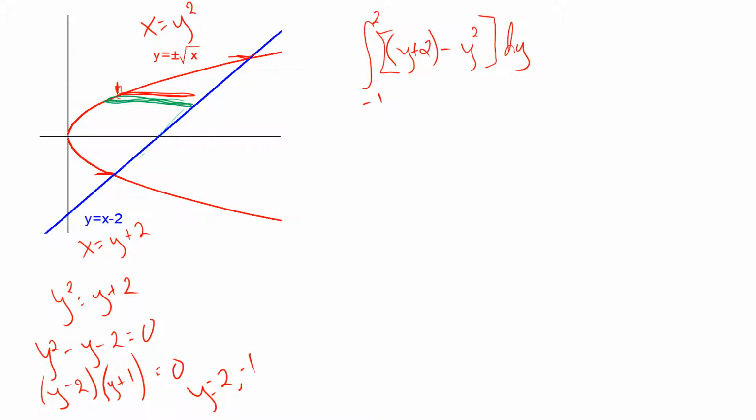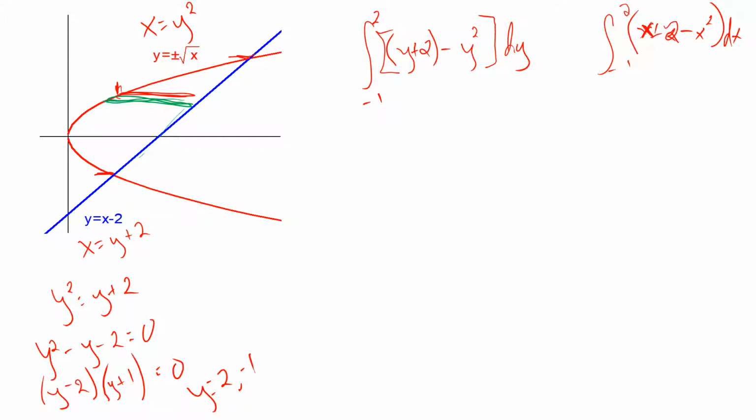This one, again, you could do by hand. This is the second warm-up problem to check the work on this one, or you can plug it into the calculator. If you do, plug it in using x's. It would look exactly like this. You'd still go from negative 1 to 2, and then you'd have parentheses x plus 2 minus x squared dx, because x is your variable.